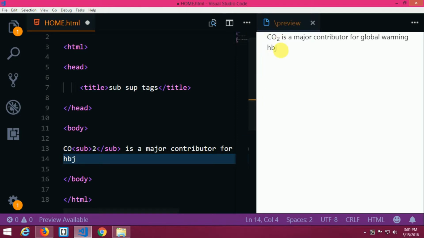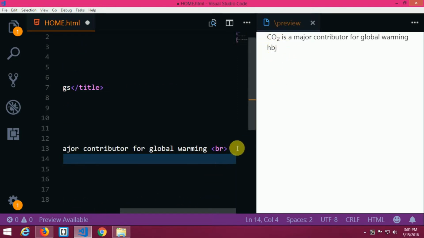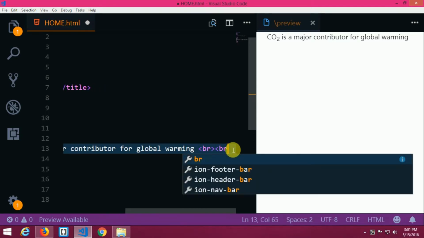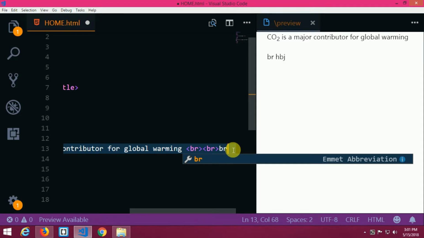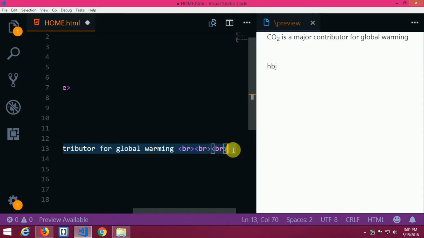If you add another, you will get another line. If you click another, I will get another line. This is called the break tag. I can add lots of tags like this at the front or end of any sentence, and this will leave lots of spaces.